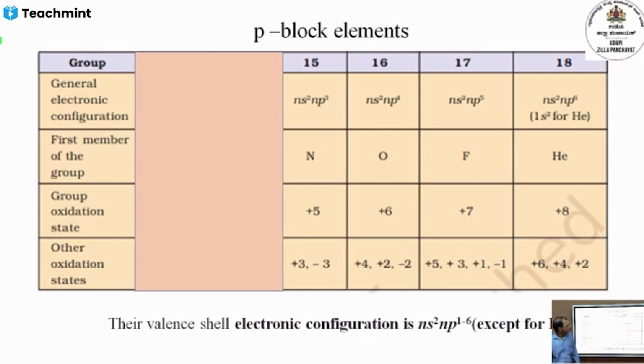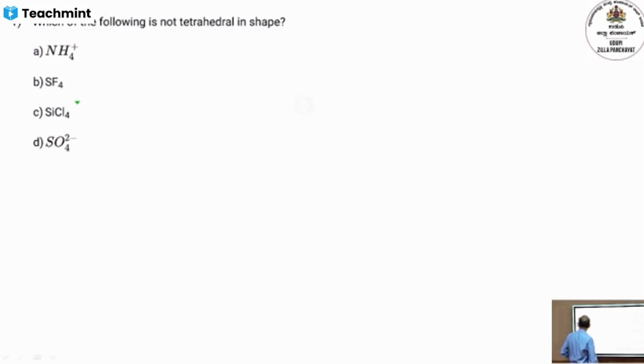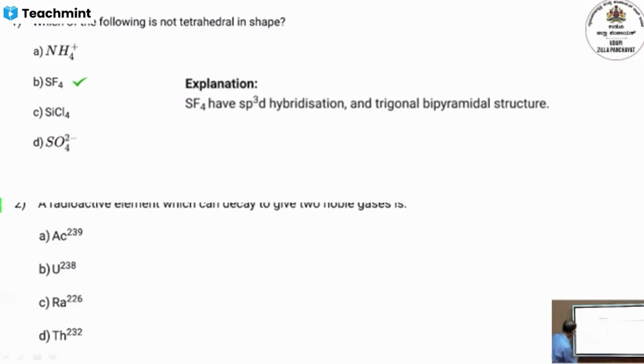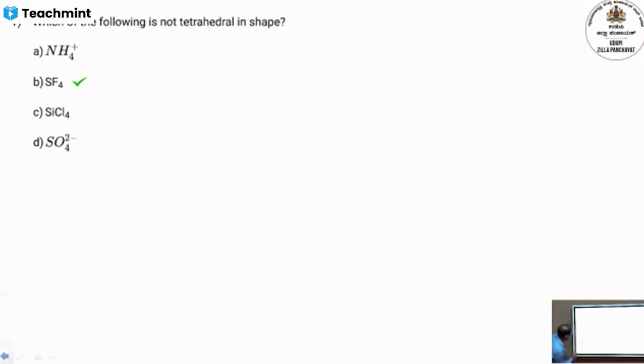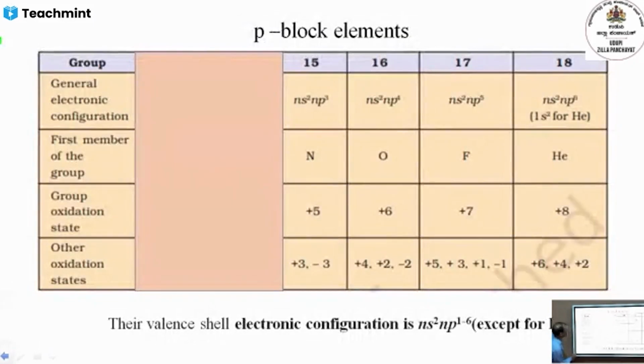The 15th group elements come under the 15th group because if you look into the electron configuration, they have 5 valence electrons: ns2np3, so 2 electrons in the s energy level and 3 electrons in the p level.